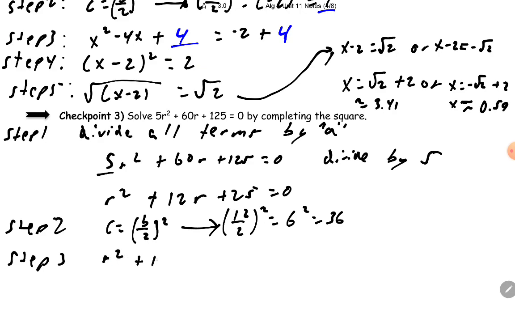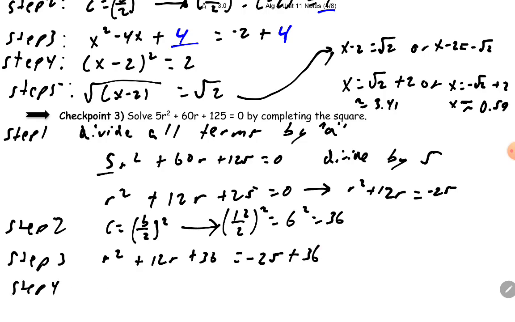So r squared plus 12r plus 36 equals... Oops. I forgot to move that 25 over. So the equation is r squared plus 12r equals negative 25. So negative 25 plus 36. Step 4. The left factors into r plus 6, quantity squared. And that is equal to 11.